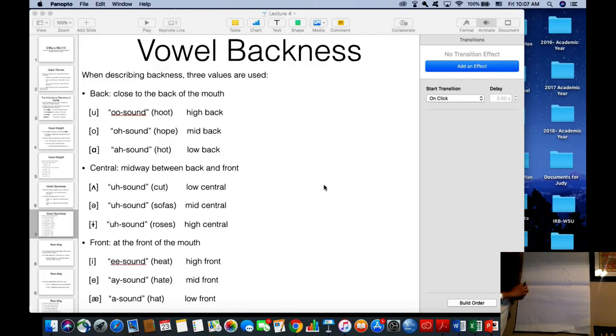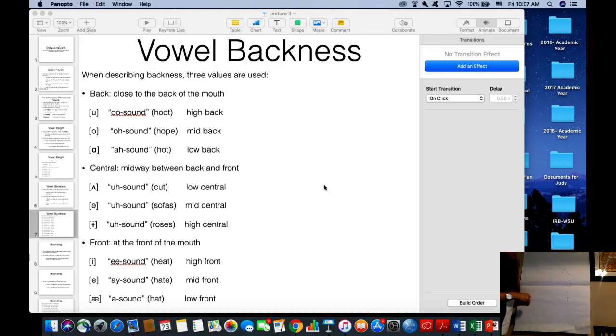And this is the second sound as in sofas, right? And then you have an E sound that's written like that with a cross in the middle. And this sound is called roses. This is the second sound again in roses. And this is a high central vowel.